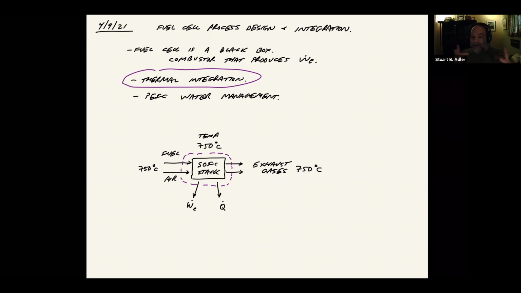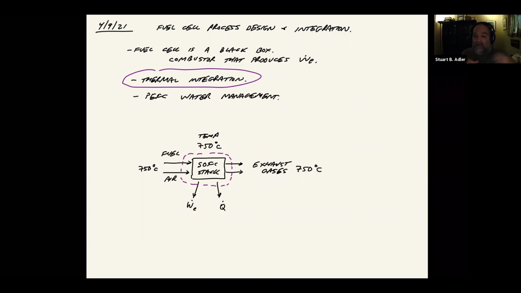But think about what we're doing in a real system. We don't have one little cell in a furnace. We've got a whole stack of cells. As that gets bigger, we're producing more thermal energy inside. As we increase the volume, that production of thermal energy is getting bigger and bigger by the volume of our system. But the surface area is only scaling as the square of the size.